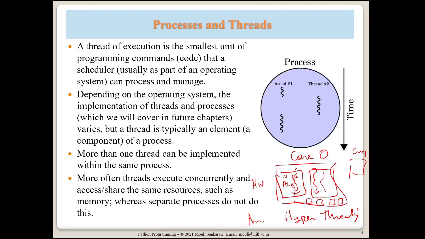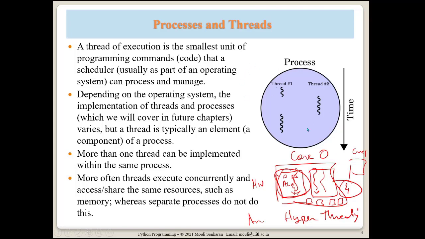If you have two cores with two threads each, then you can actually run four threads at a time. That means they have a separate CPU inside. So core 0 is different, and the multi-threading capability within the core is different. This is hardware level parallelism.